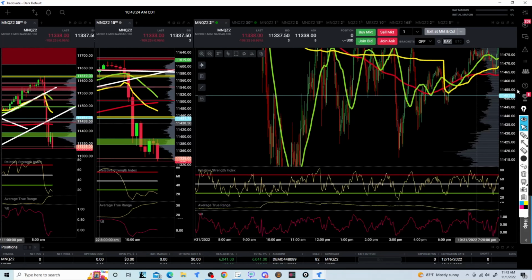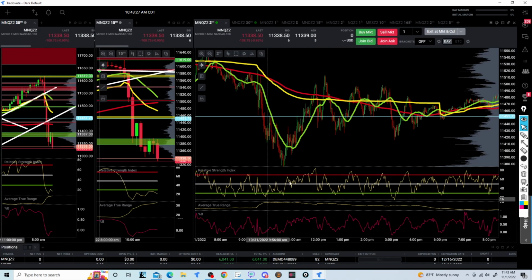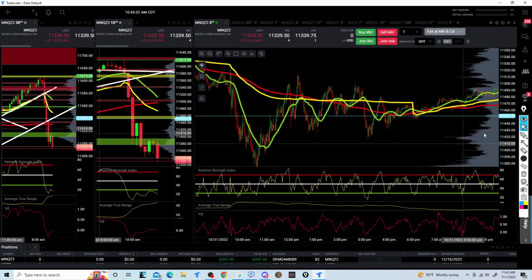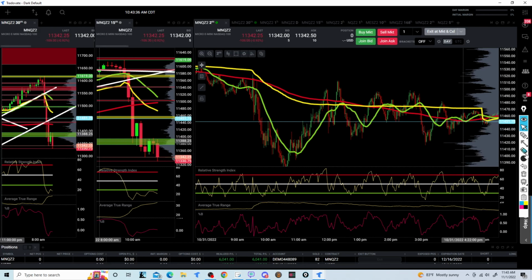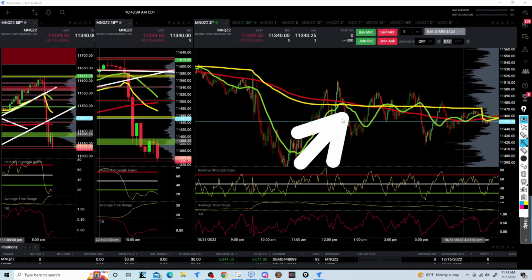Now, you come to an area like this, 10 a.m., 3 p.m. This is typically when I really don't like to trade, but when you have a rising 20 period moving average in that time frame, how could you trade it? You're buying at or near the 20 period moving average, and you're selling away from it.